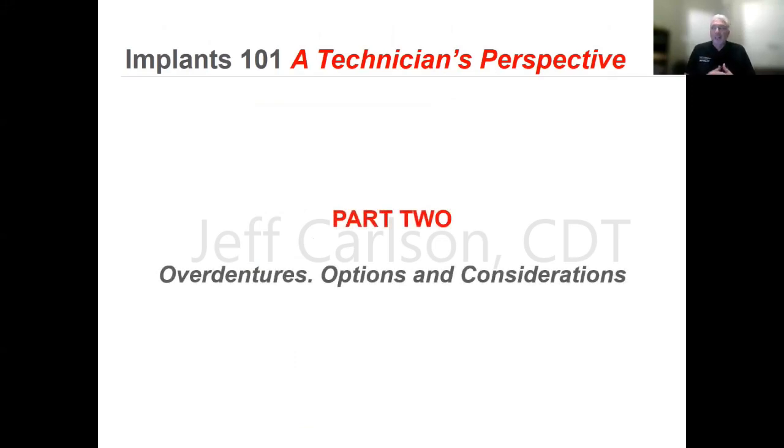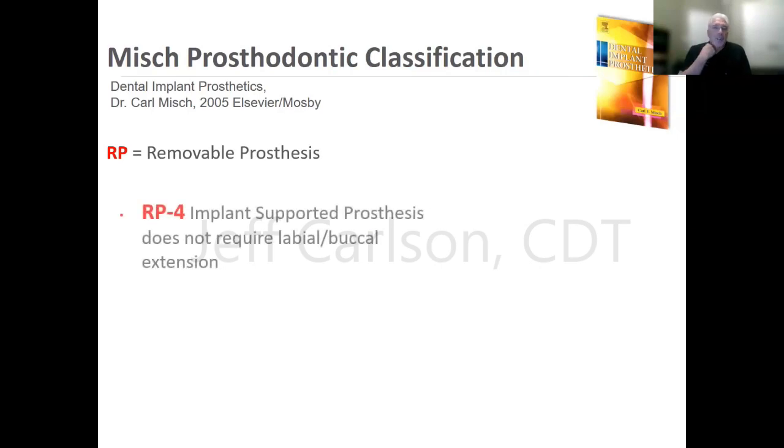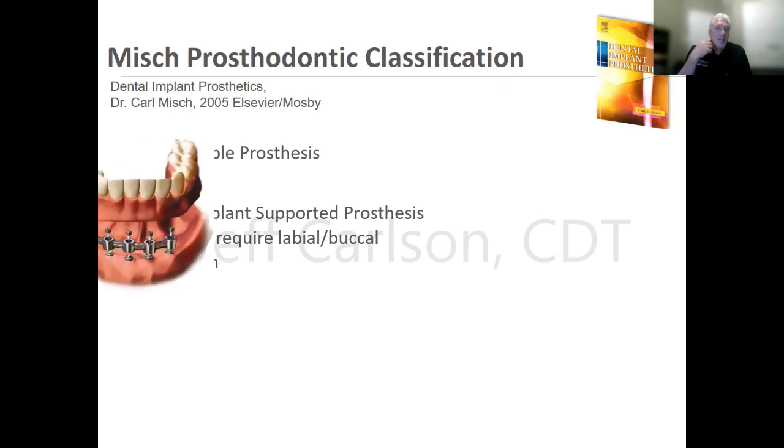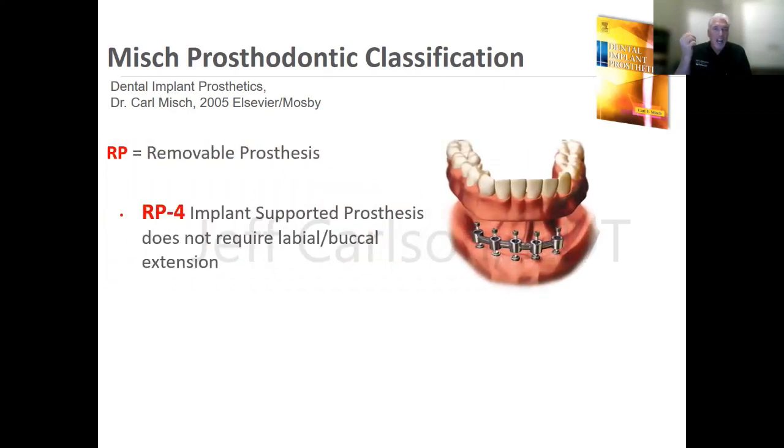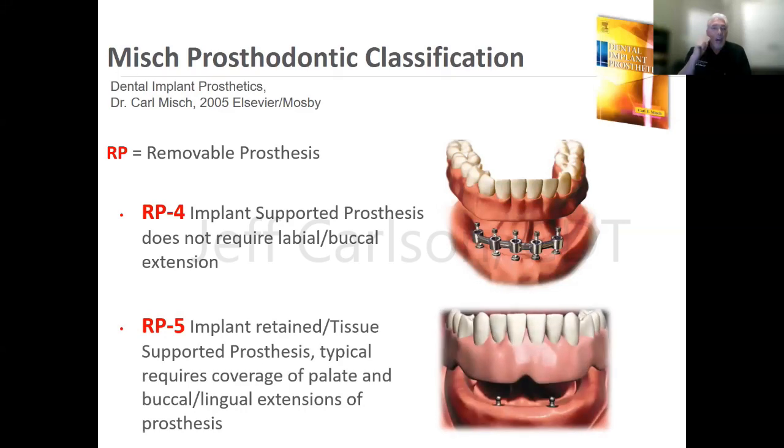But now we're going to really get into the idea of overdentures and talk about some of our options and considerations. Going back to our classifications, what Dr. Mish had termed, and a lot of people do use this terminology, RP stands for removable prosthesis. Tonight we're going to be focusing on an RP4, which is an implant-supported prosthesis.